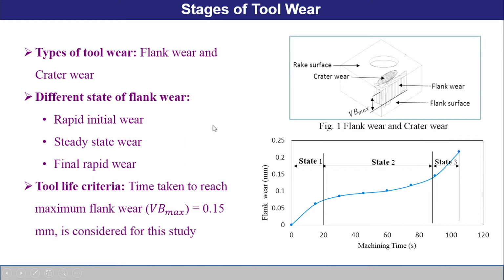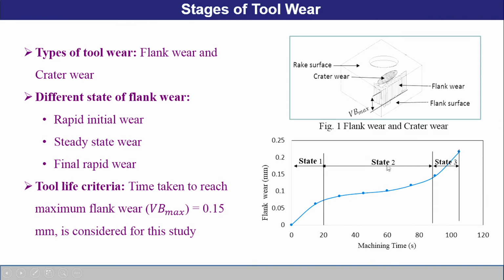So, I can tell that this is the rapid initial wear stage, then a more or less steady state, and then again the final rapid wear stage, which is basically exponential in nature.